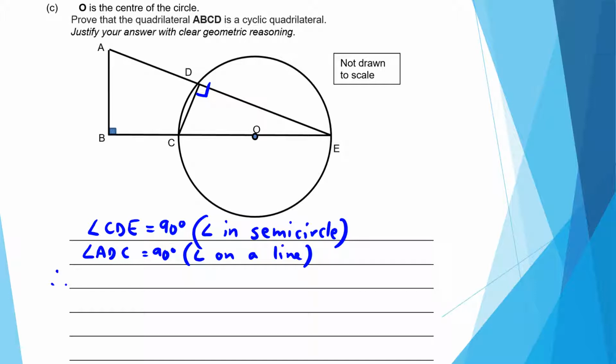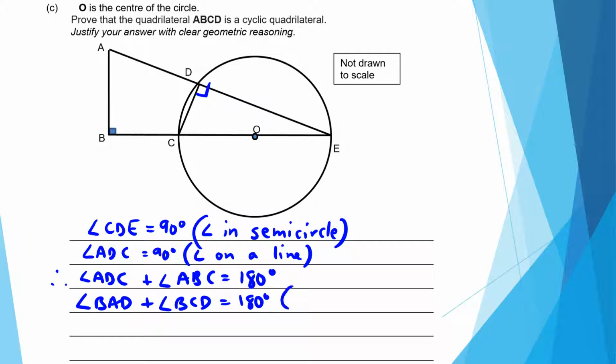And so therefore angle ADC plus angle ABC equals 180 degrees because they're both 90. And it must also mean that angle BAD plus angle BCD equals 180 degrees, and that's the angle sum of a quadrilateral.